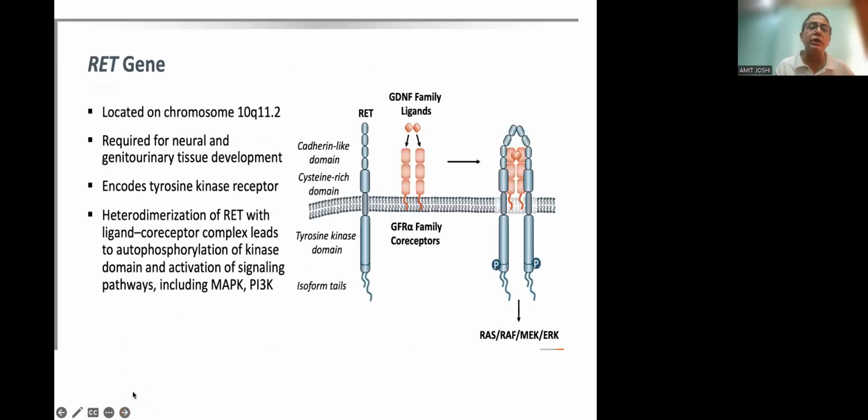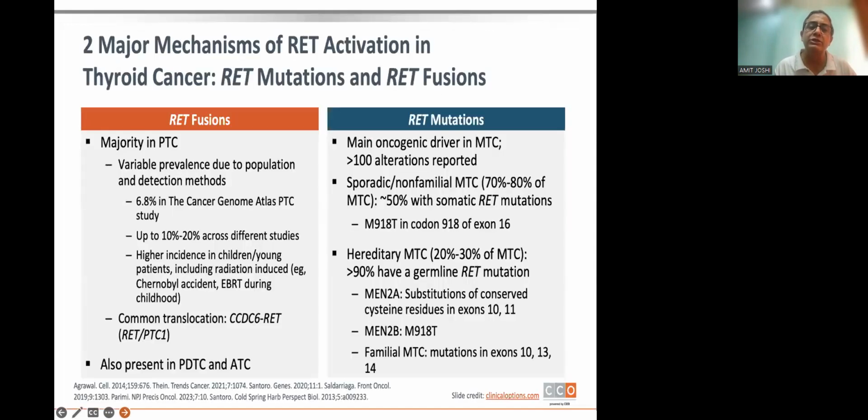Coming quickly to the RET gene, it is located on chromosome 10 and is a transmembrane receptor. There are various domains, and as per the various diseases, papillary and medullary, the mutations change, which we will discuss. As I discussed, in thyroid cancer there are RET fusion and RET mutation.